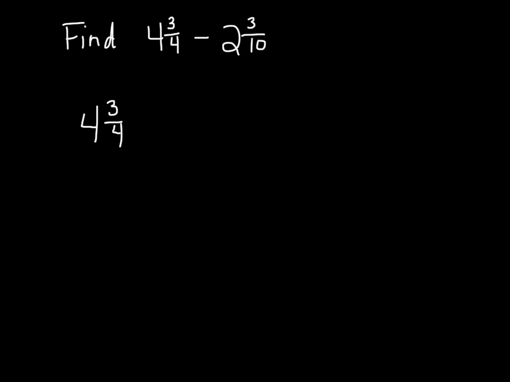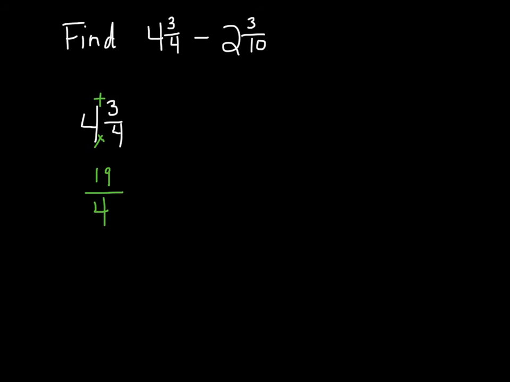So just a quick refresher, when we're turning a mixed number into an improper fraction, remember that we take your denominator down here and we multiply that by your whole number. So in this case, 4 times 4 is 16, and then we add that to the numerator, which is 3, so 16 plus 3 would give us 19, and then we keep our denominator the same. So in this case, we have 19 fourths.